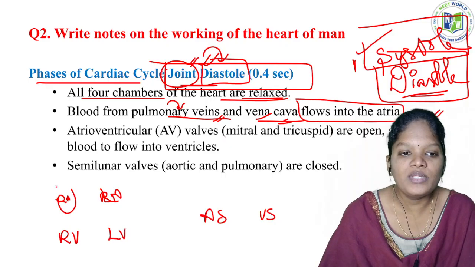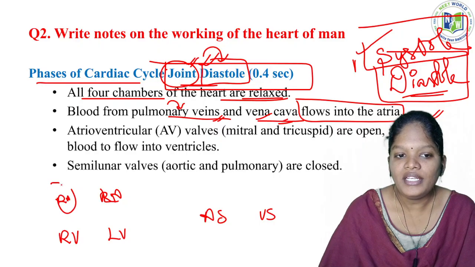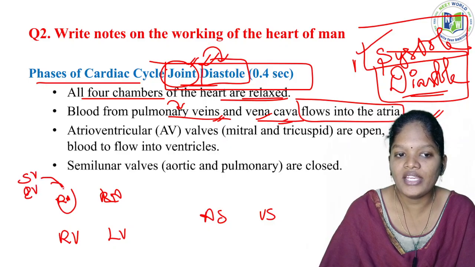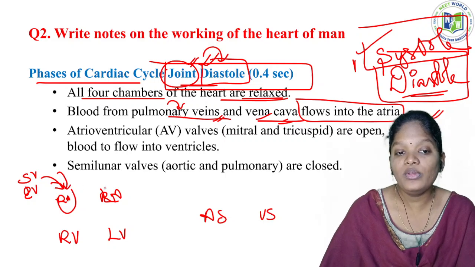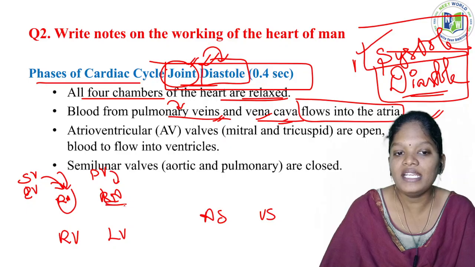Don't get confused. Who is the donor of blood to the right atrium? The superior vena cava and inferior vena cava fill the blood in the right atrium. Who is responsible for filling the blood in the left atrium? The pulmonary veins.